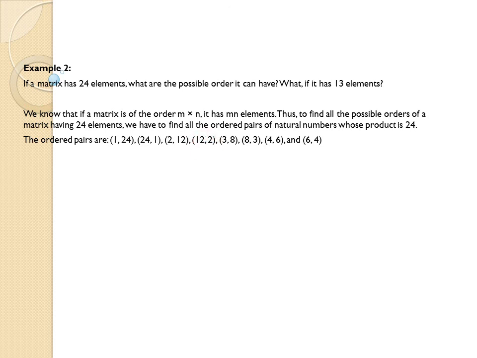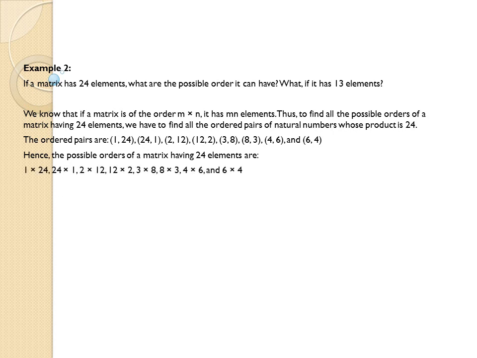So I have taken all the possible combinations. Hence the possible orders of a matrix having 24 elements are 1 cross 24, 24 cross 1, 2 cross 12, 12 cross 2, 3 cross 8, 8 cross 3, 4 cross 6, and 6 cross 4.